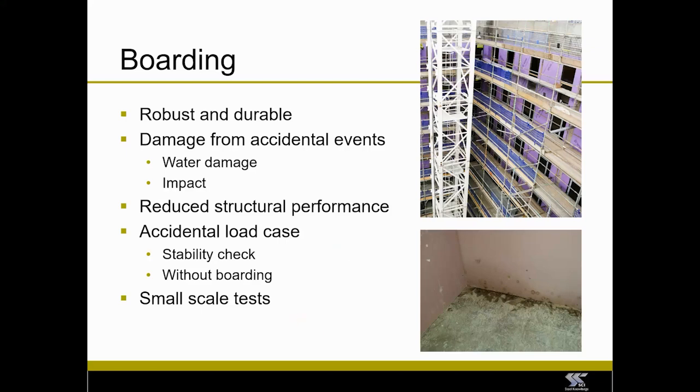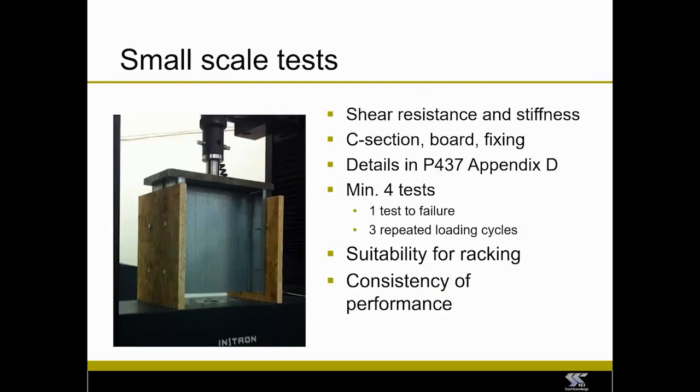And then we've also got these small-scale tests that are included within the publication. There are two purposes for carrying out these tests. Firstly, to determine the performance when subject to cyclic loading, and also to determine the performance of alternative boards and fixing arrangements.